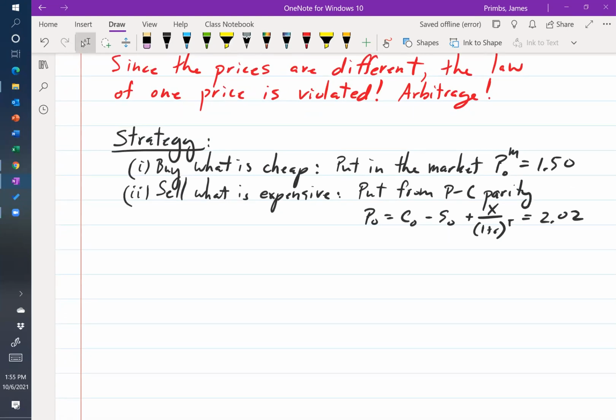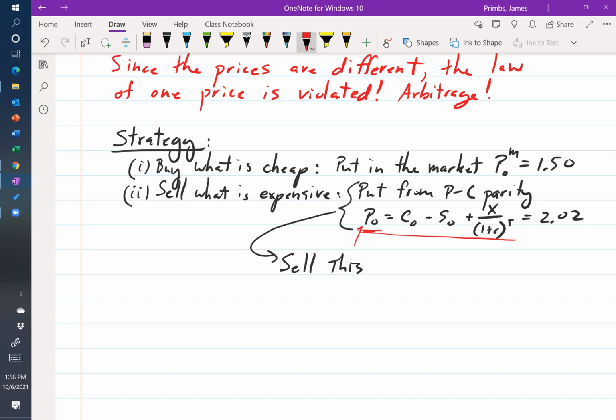How do I sell this? Somebody tell me the strategy of selling this put call parity relationship. So look here, again, every time I see this formula, I think of a portfolio. This says long a put. Why is it long a put?